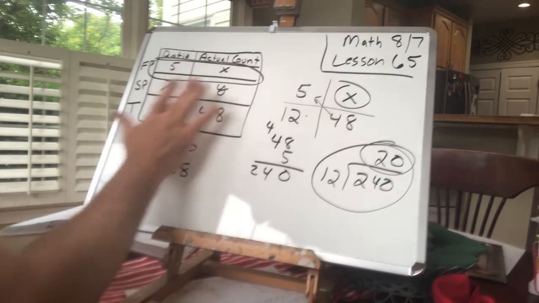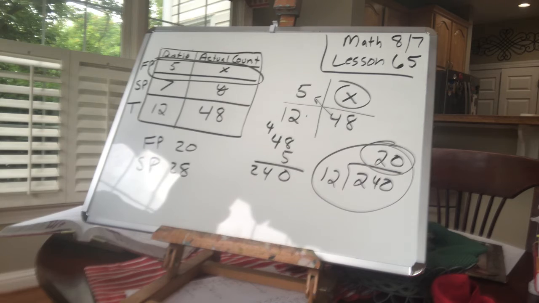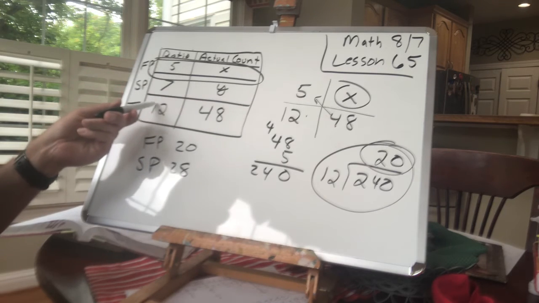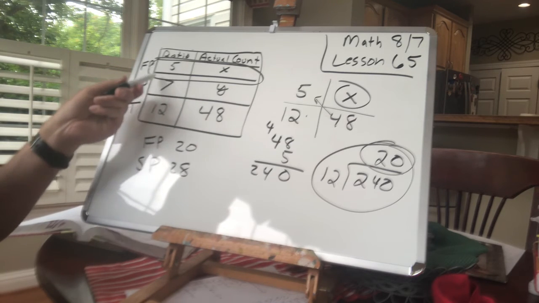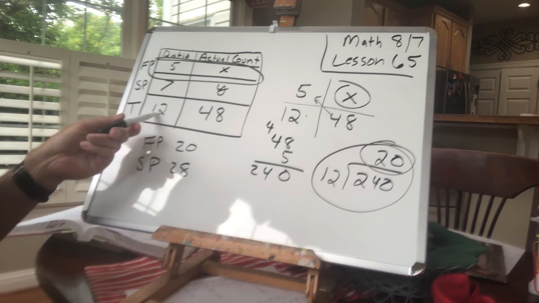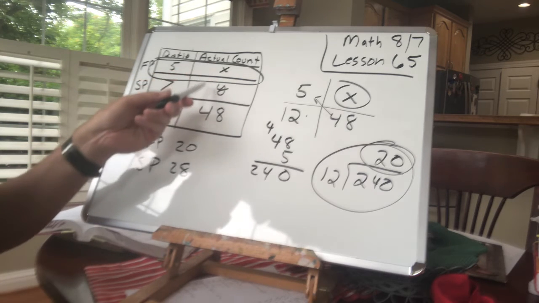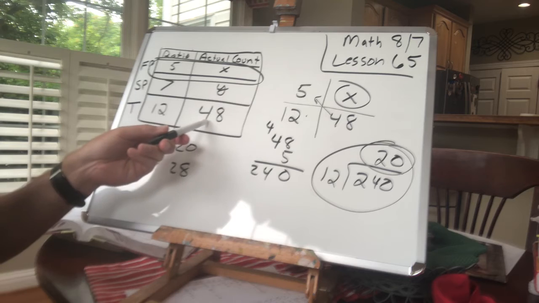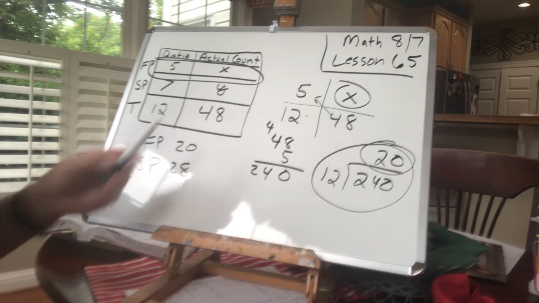You have to make a chart, fill in the numbers, the total of the ratio, you add these. Forget the total of the ratio. These we did not know, but we knew the actual count total was 48.